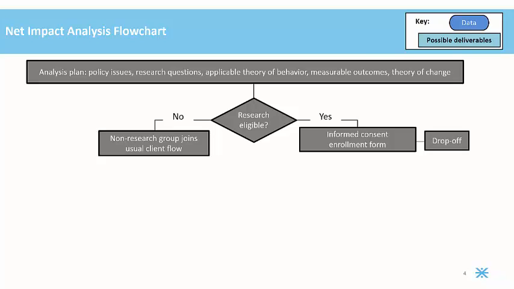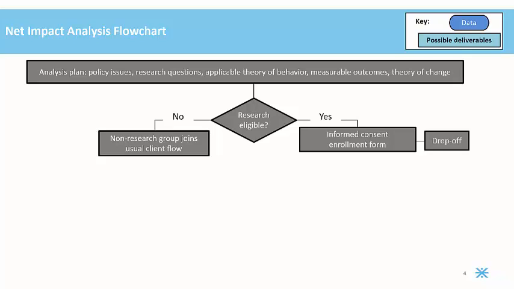What's important to note here is that you really can't evaluate a random sample of an entire population because there are many things that could go wrong with an impact analysis that tried to do that.